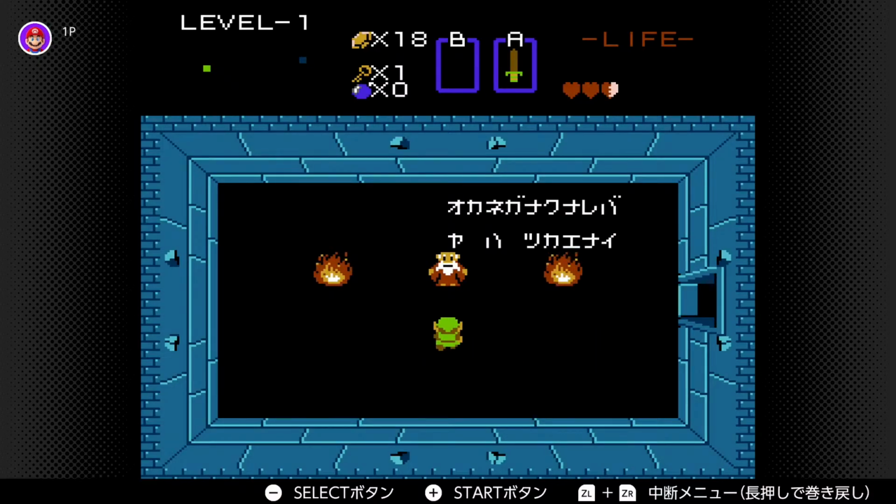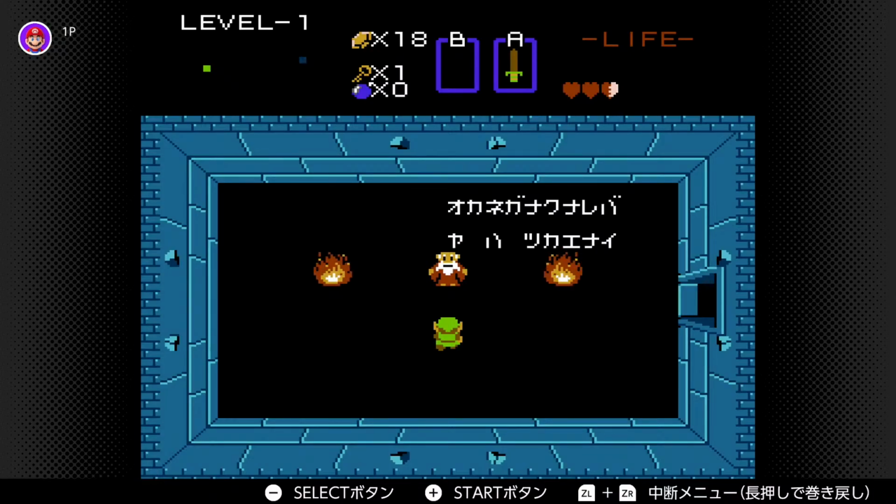an old man that says Okane ga naku nareba ya wa tsukaenai. Okane means money. Kane on its own means gold.